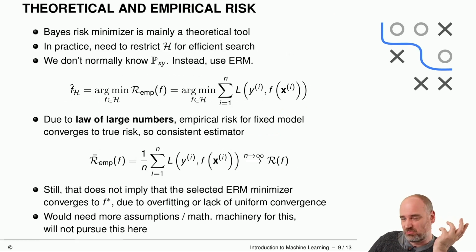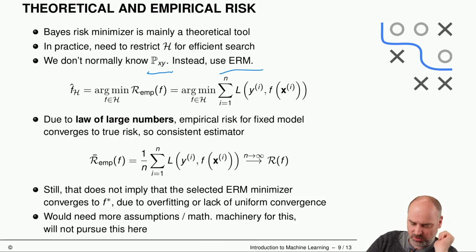Okay, this Bayes risk minimizer and the associated Bayes risk are mainly a theoretical tool. As said before, in practice we need to restrict our hypothesis space for efficient search, and for many practical and theoretical reasons we have to operate on a restricted hypothesis space. And I've also said before that we usually don't know our data generating process, so we also can't solve theoretical integrals, theoretical expectations over such a given distribution.